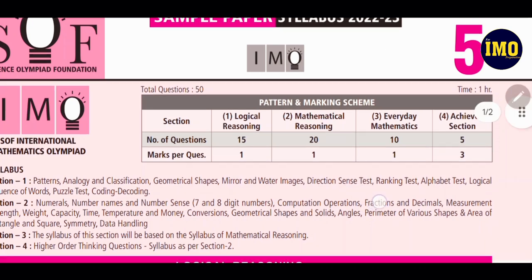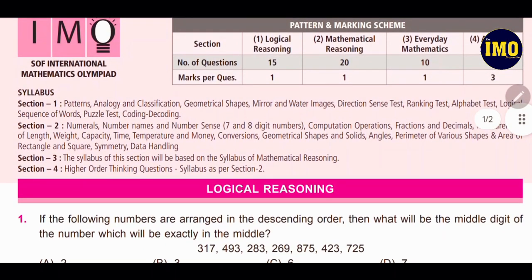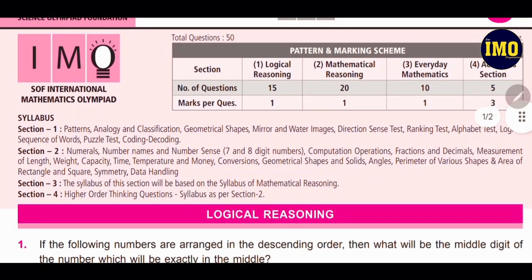Now, come to the syllabus pattern. In section 1: pattern, analogy, classification, geometrical shapes, mirror and water image, directions, sense test, ranking test, alphabet test, logical reasoning, sequence, puzzle test, coding and decoding.